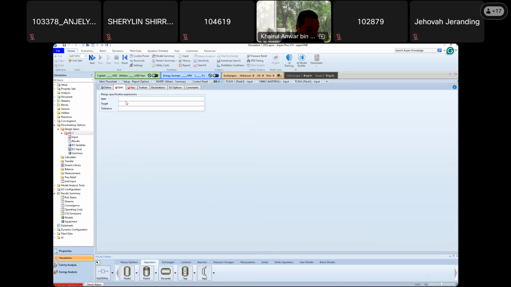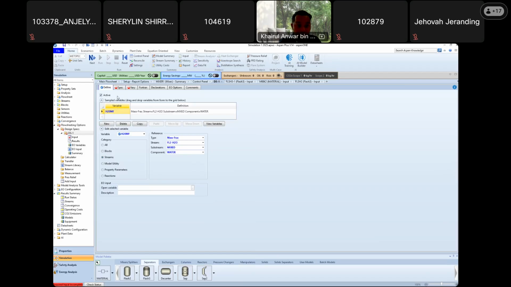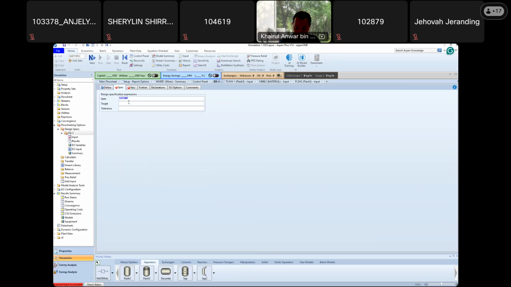The spec is H2O MF. The target is 0.95 mass fraction with a tolerance of 0.001, very low.